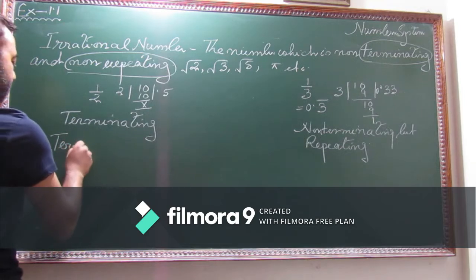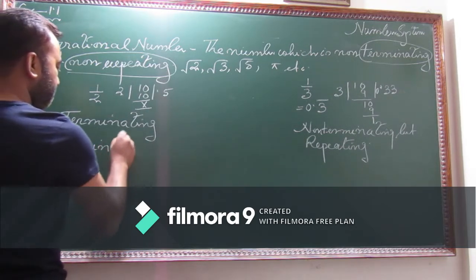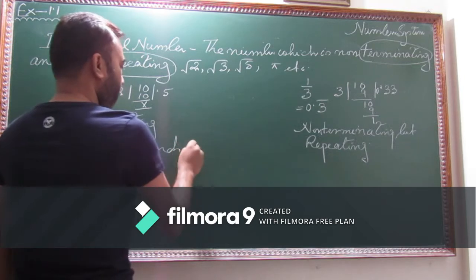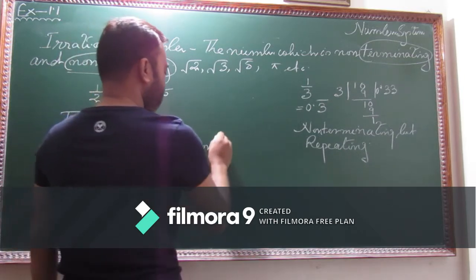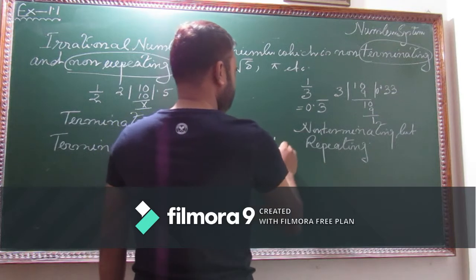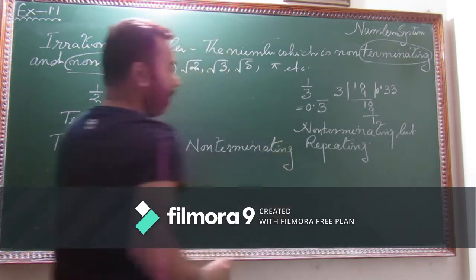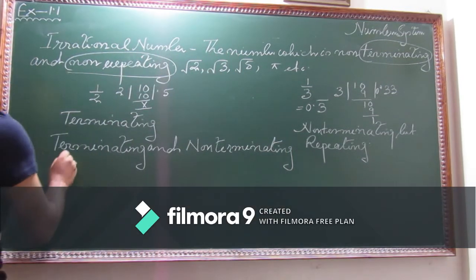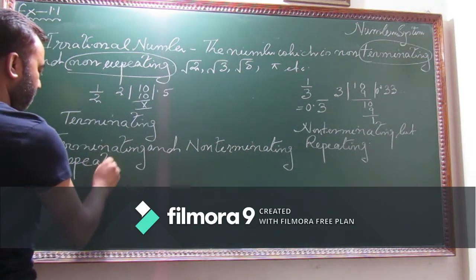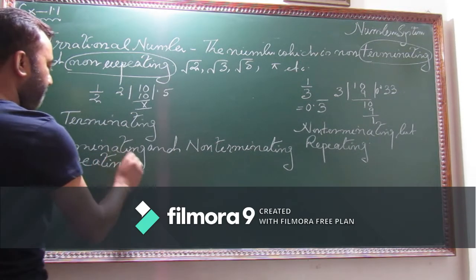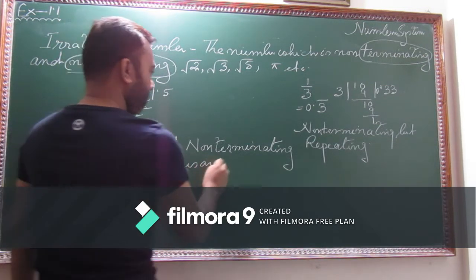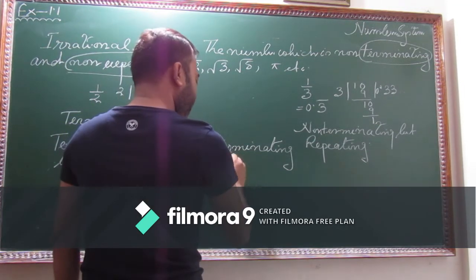Terminating and non-terminating repeating numbers are rational numbers.